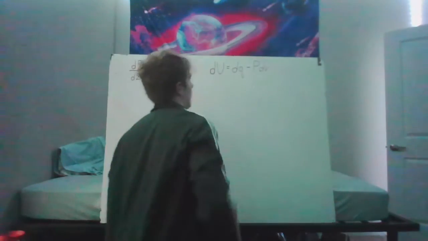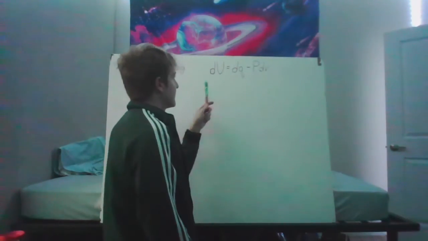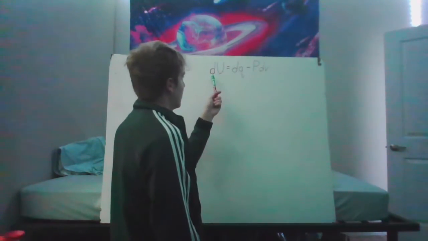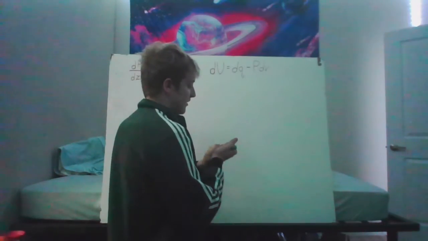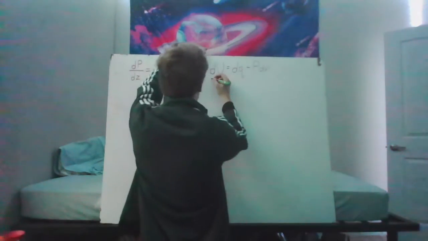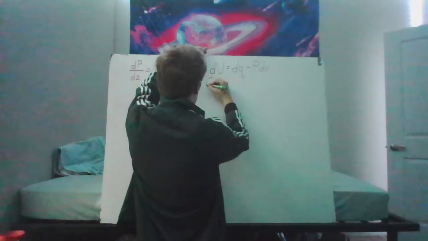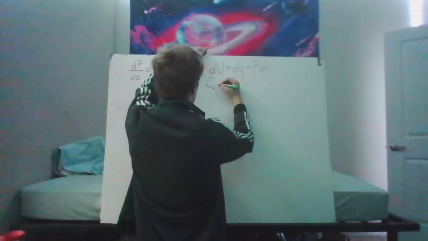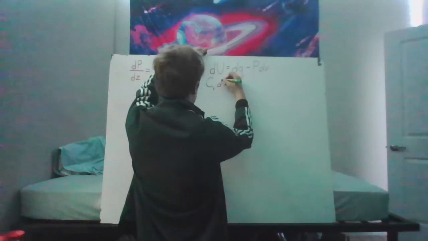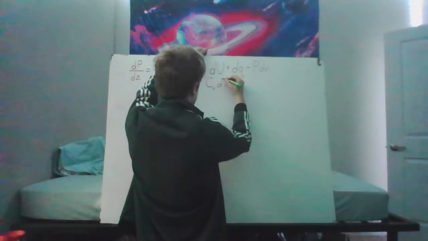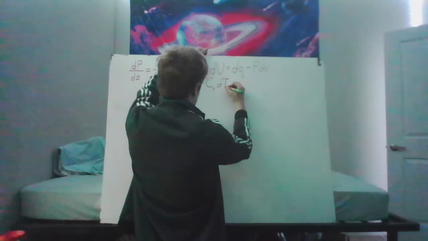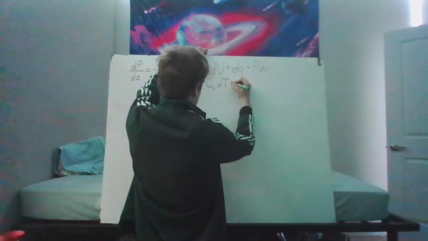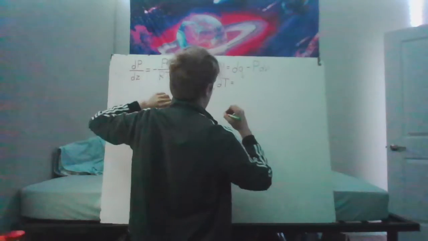So now, since we know that this is an ideal gas, we can simplify this dU into the specific heat capacity at constant volume times the change in temperature, since this is an ideal gas and reversible.